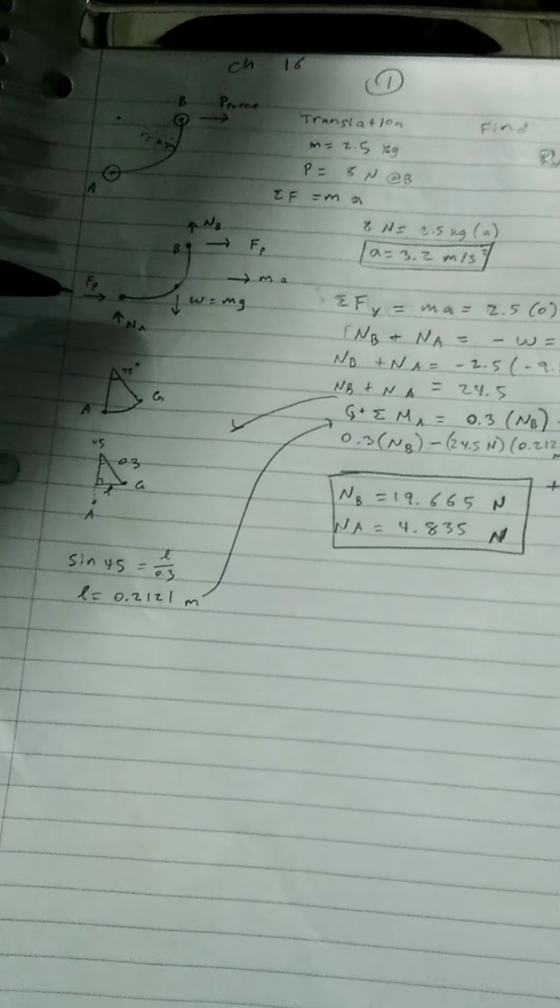So we've got our sum of forces in the y direction is equal to mass times acceleration. That's 2.5 times 0 because we don't have any acceleration up or down.